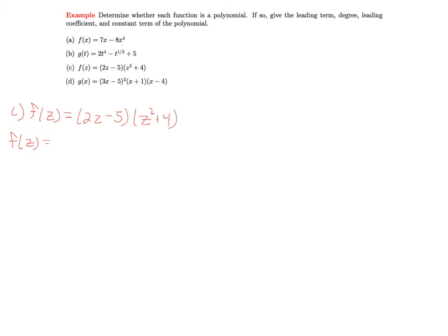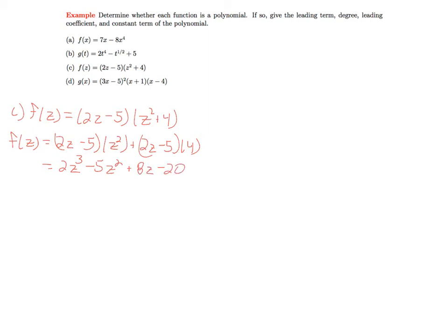Let's distribute these terms and group them together. So I can take 2z minus 5 times z squared and then add that to 2z minus 5 times 4. When I multiply this piece together, we get 2z cubed minus 5z squared. When I multiply these, I get 8z minus 20.